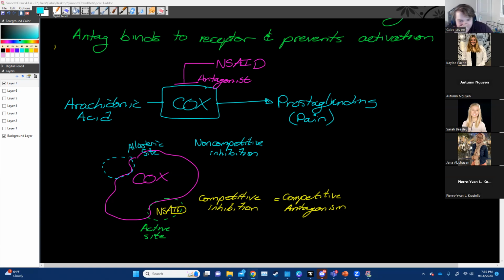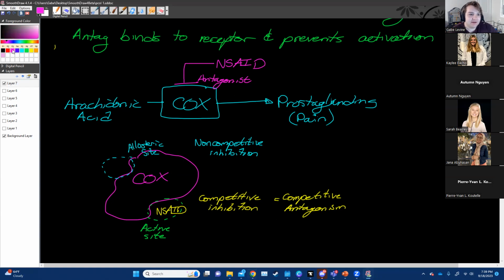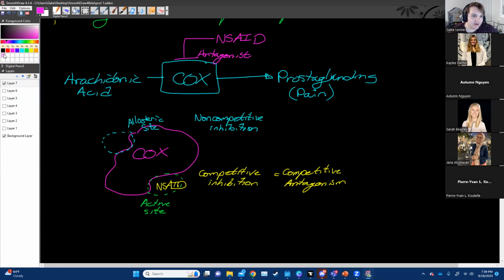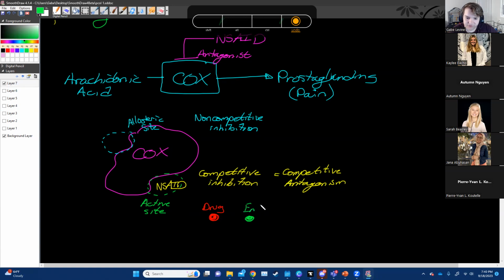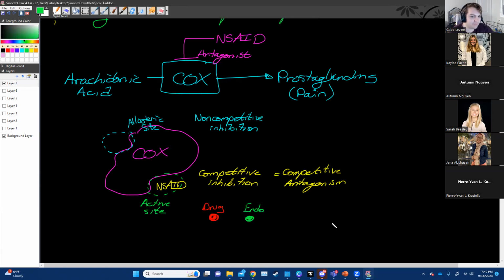Yes. Okay. So when we look at competitive versus non-competitive, one of the things that is big to understand is that at the active site, you have the drug and you have the endogenous ligand, in this case arachidonic acid. Both of these are trying to bump their way into the receptor, right?